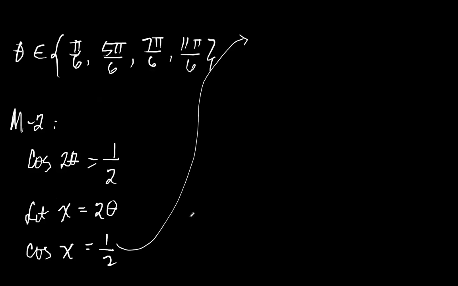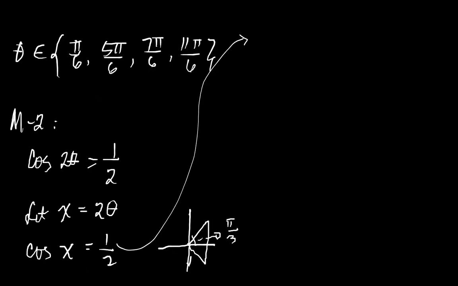Okay, so let's analyze this. 1/2 is a positive value, so therefore the angle can be found in the first or the fourth quadrants, right? So what angle is this? This is pi over 3, if I'm not mistaken.